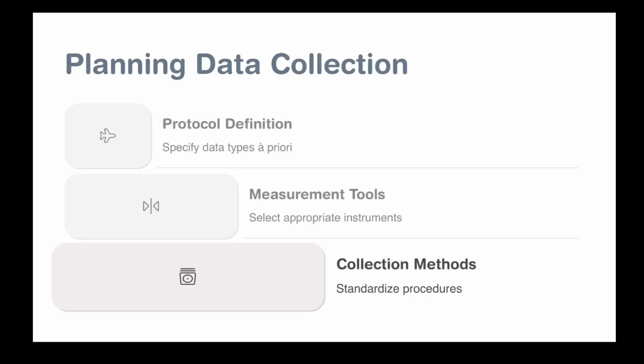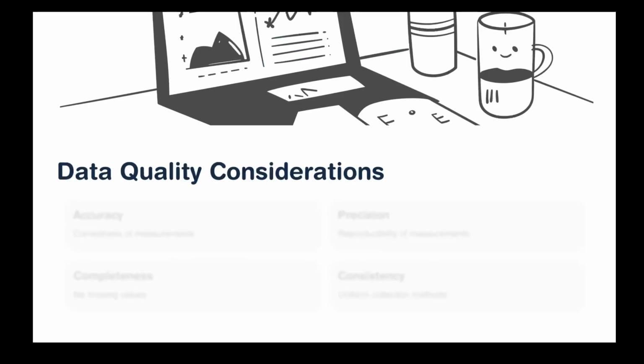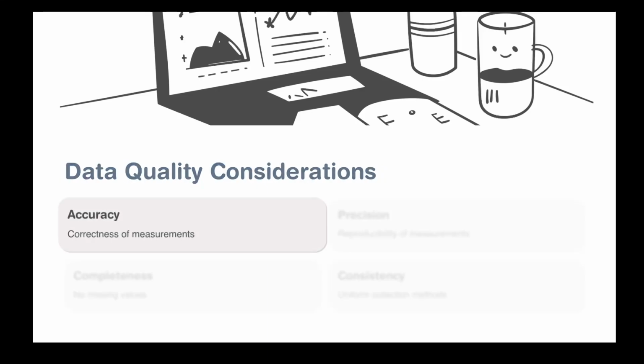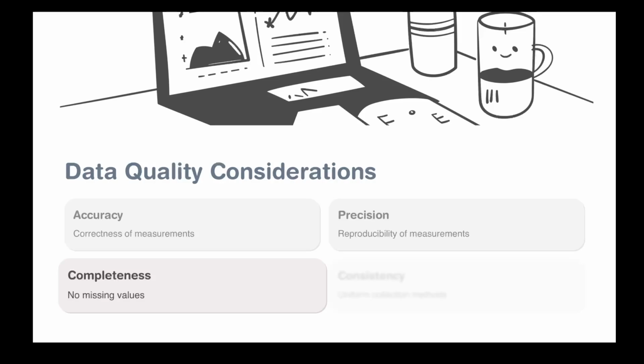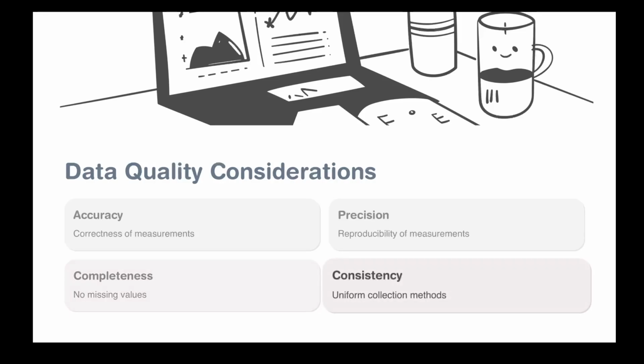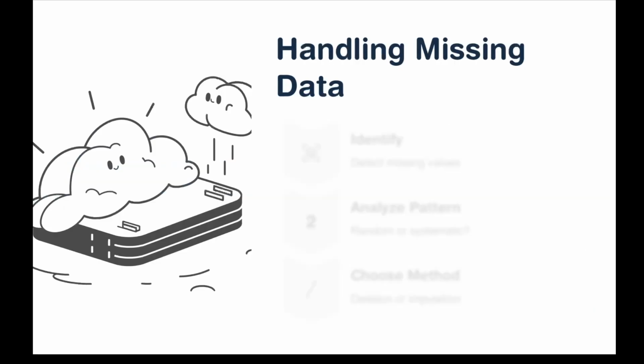When we are collecting data, the data quality considerations usually include accuracy, the correctness of the measurements, whether we are measuring correctly or not, and the reproducibility of the measurements, precision, how precise they are. Then completeness, whether there are any missing values or not, and consistency, uniform collection methods. So these are the various things which we do.